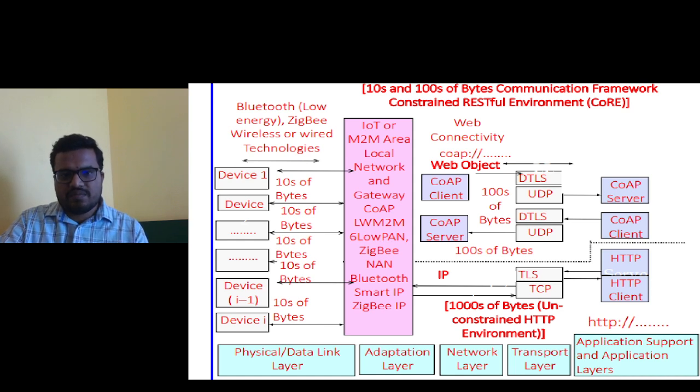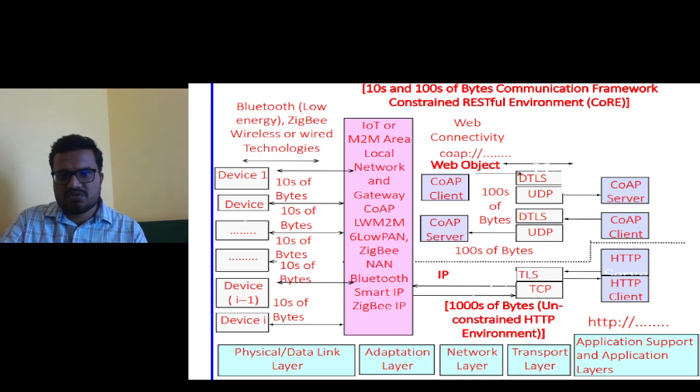The physical medium may transfer the bits by using data link layers. Those layers configure all the data to the machines through the adaptation layers with the help of networking protocols like Zigbee and Bluetooth. These are used to transmit the data from source to destination.